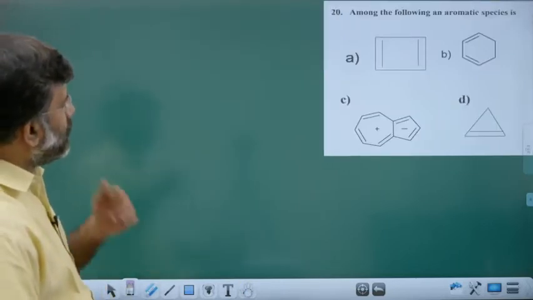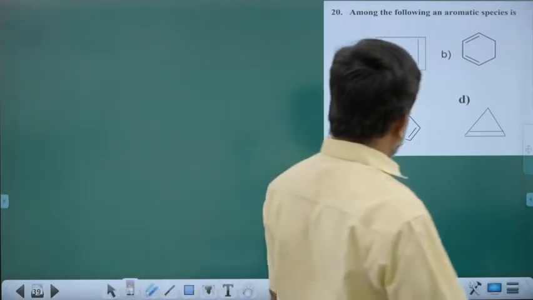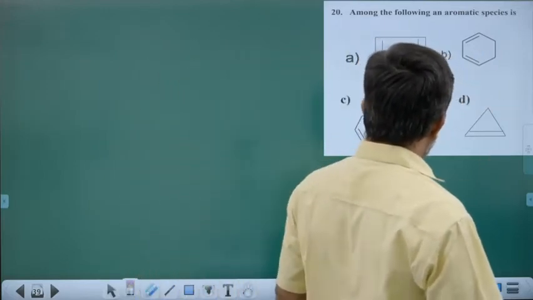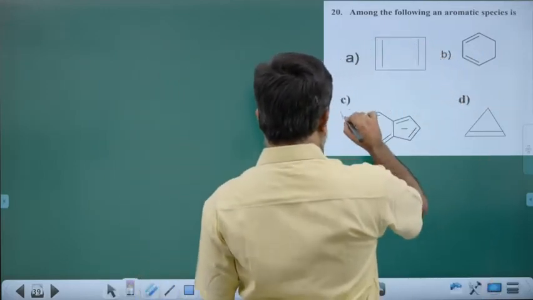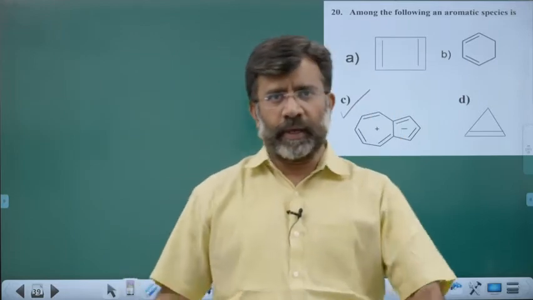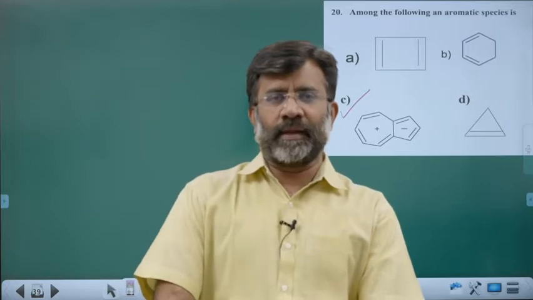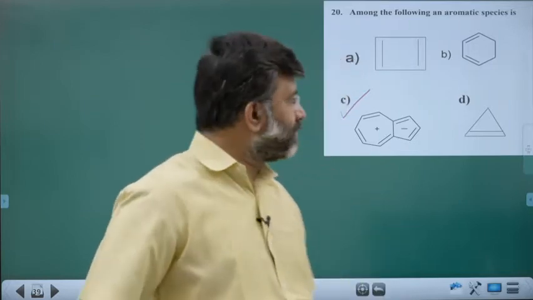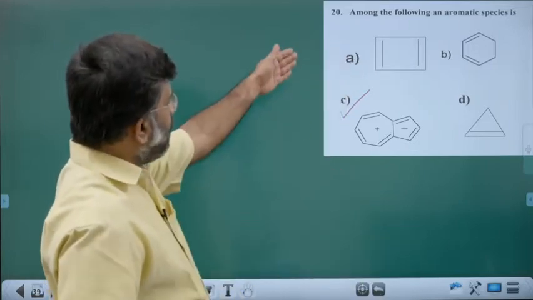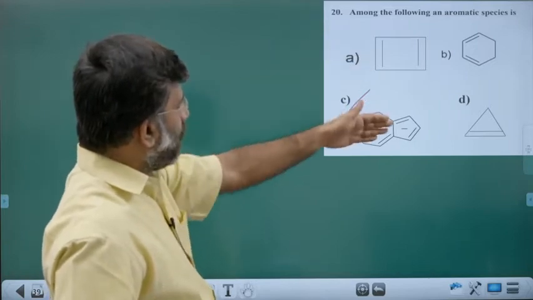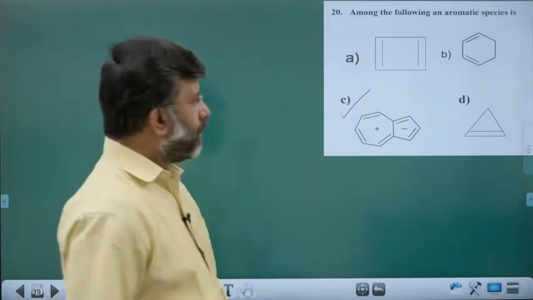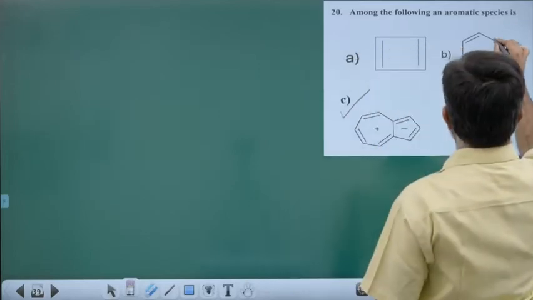Which is the aromatic species? This is anti-aromatic, that is non-aromatic. This is the answer, azulene. Azulene is aromatic in nature. While A is anti-aromatic, B and D are non-aromatic because of the presence of sp3 carbon.